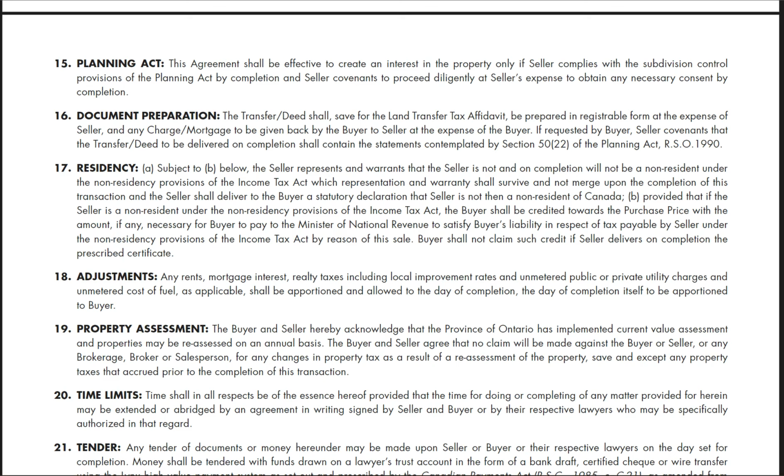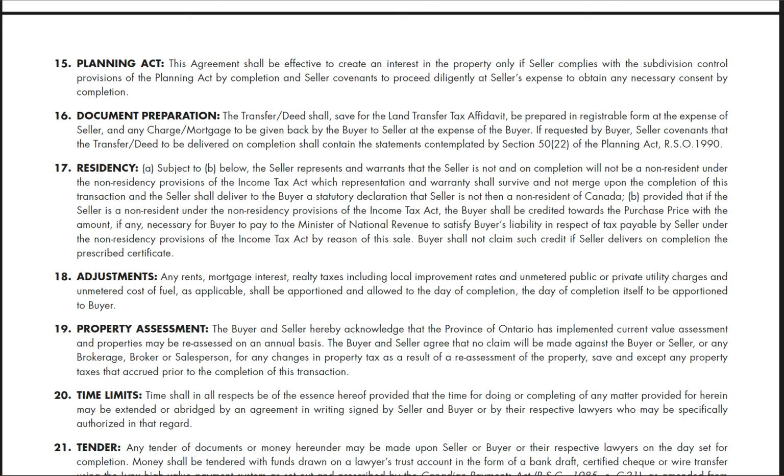So what's included on it is property taxes, utility bills, and rent if there are tenants on the property. And then the mortgage interest if the buyer is assuming the seller's mortgage.